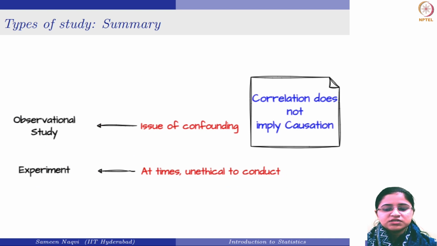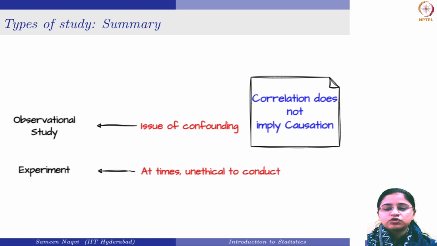Based upon these different types of studies and this discussion, what you can see is that both these studies have their merits and demerits. For instance, the observational study has the issue of confounding, and at most you can establish association between the 2 variables.